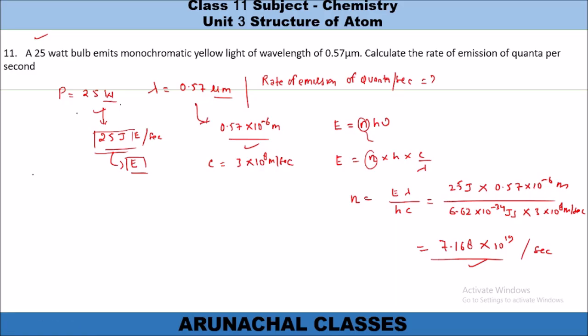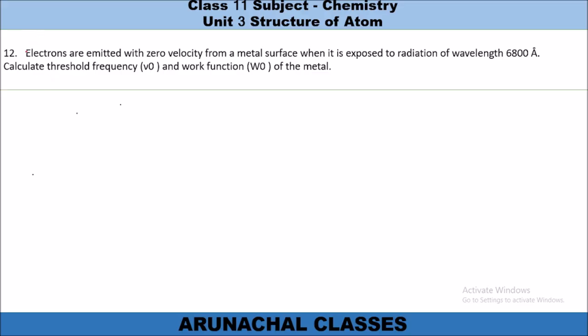Let's move to question number 12 now. Question number 12 is given as: electrons are emitted with zero velocity from a metal surface when it is exposed to radiation of wavelength 6800 angstrom.